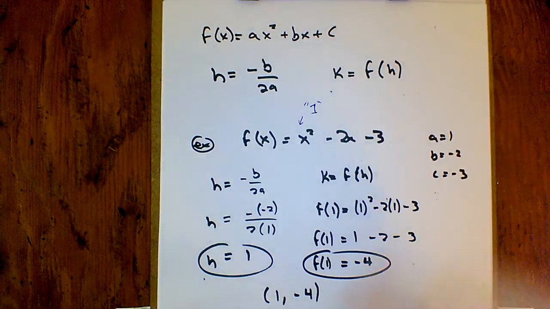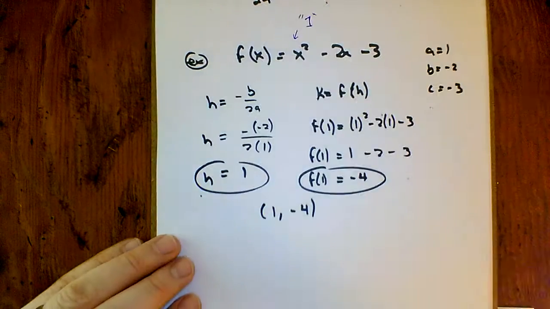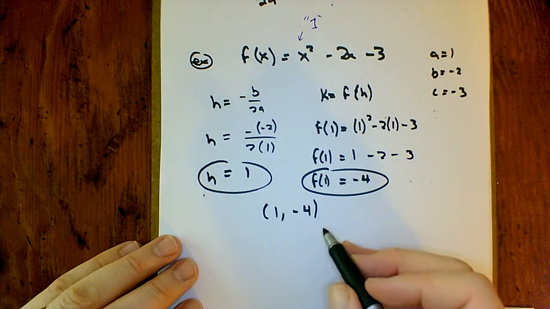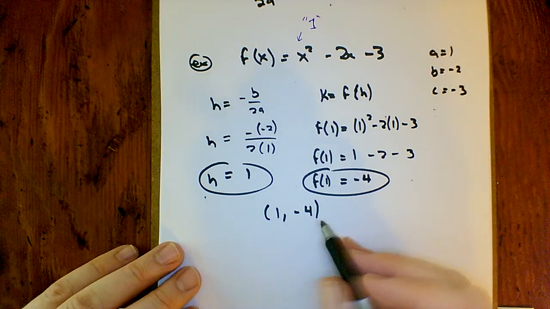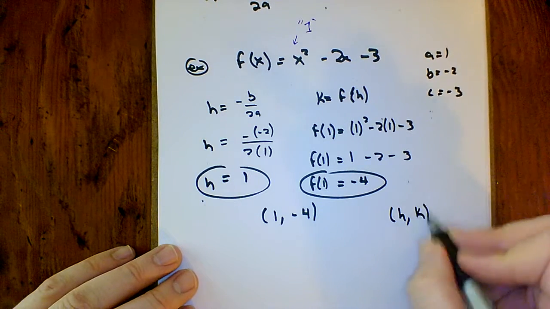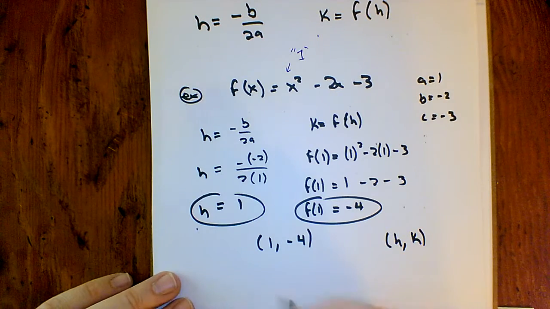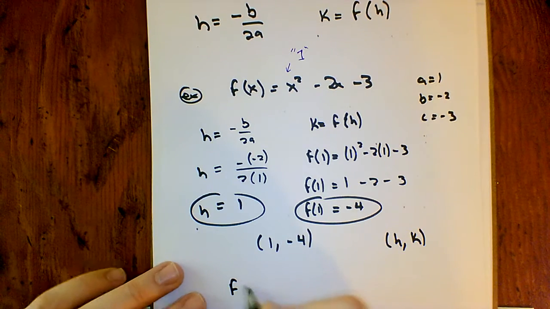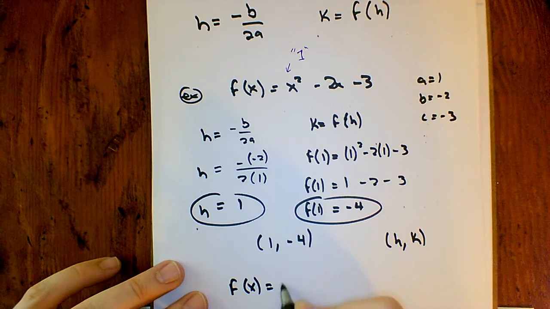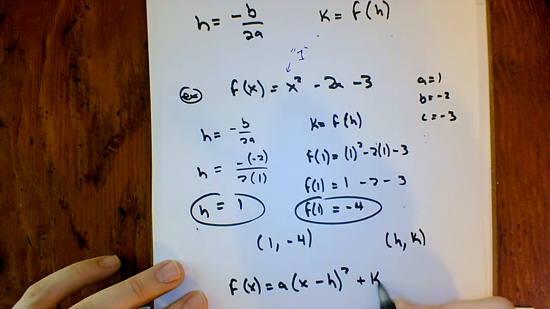And one of the nice things with this is this allows us to rewrite our function in vertex form. I have this value of h and k, and I already know my value of a. So I could just, if I wanted to, say, remember that f of x is equal to a times (x minus h) squared plus k.